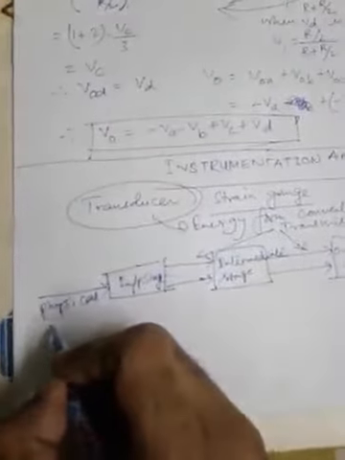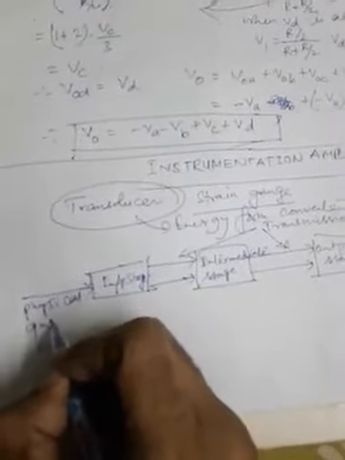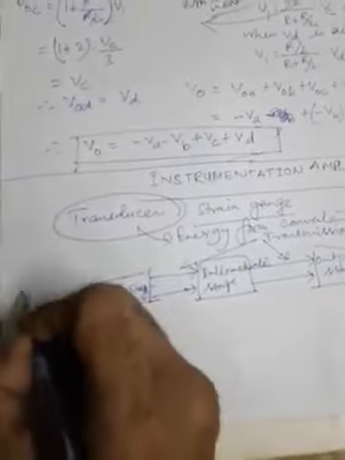The physical quantity that is to be measured is applied at the input stage: the measurable physical quantity.